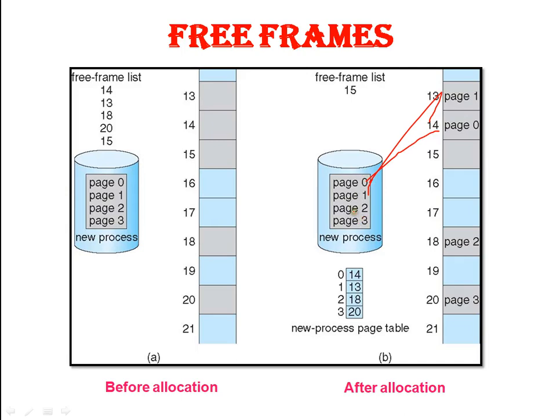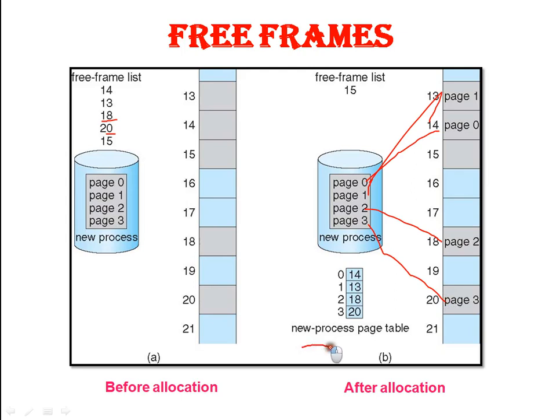Next, page 2: with the help of the free frame list, it tells 18. So page 2 will go and sit in the 18th frame. Next, it tells the 20th frame is free. So page 3 will come and sit inside the 20th frame.